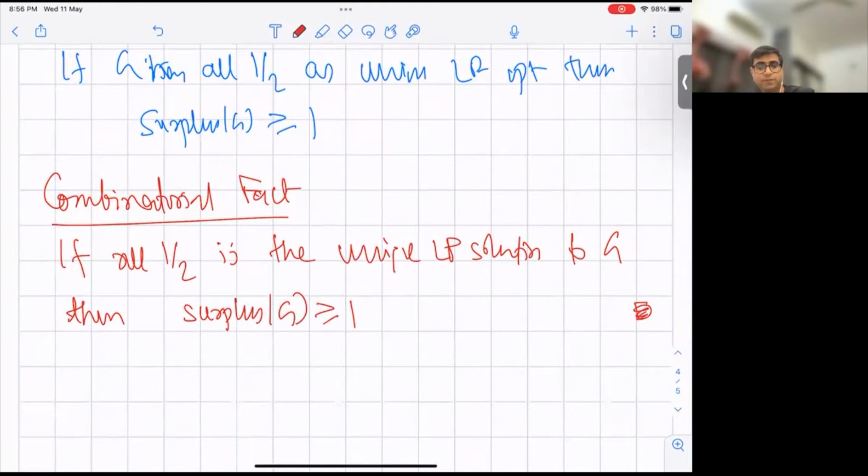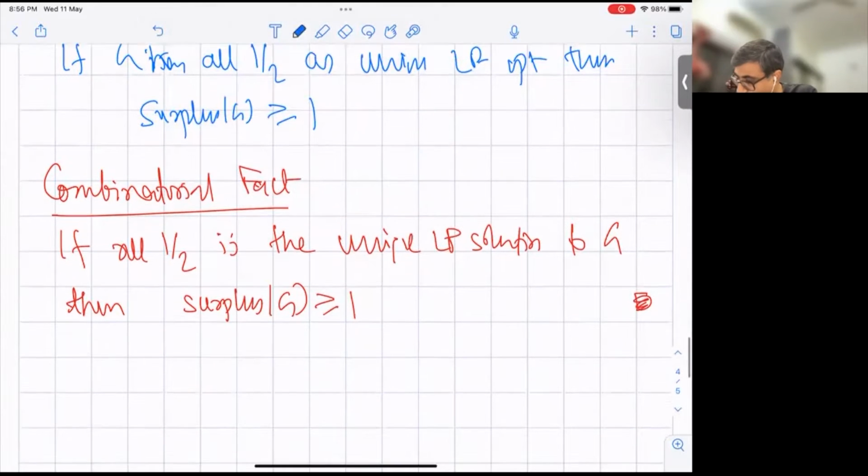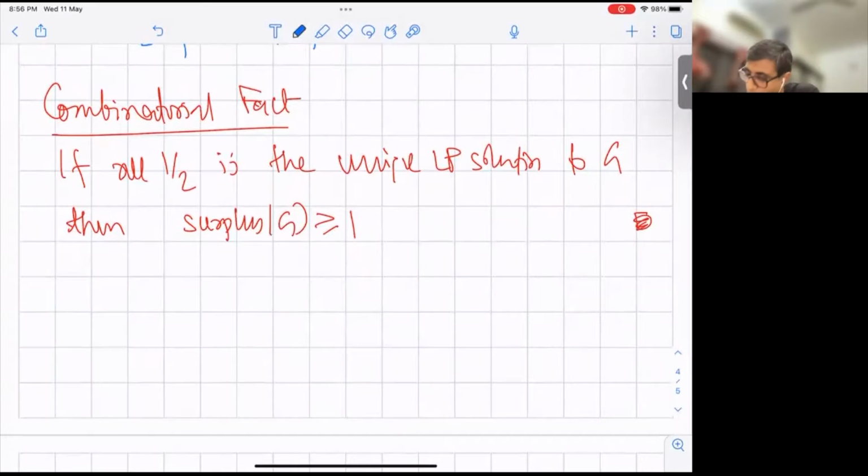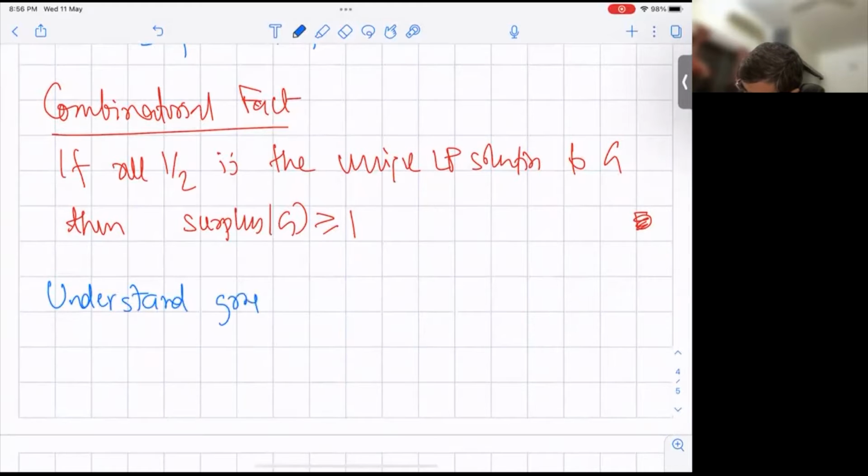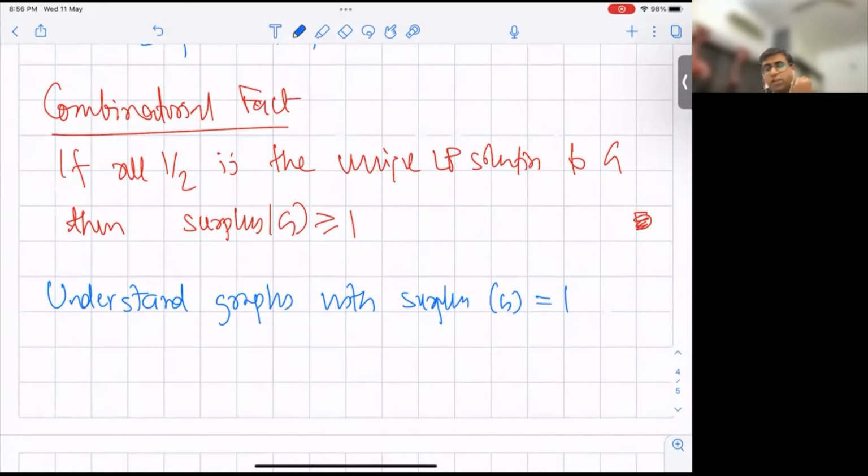This is what we proved. Now what I want to do next is to understand graphs with surplus of G equal to 1. I want to understand what are those graphs with surplus of G exactly equal to 1.